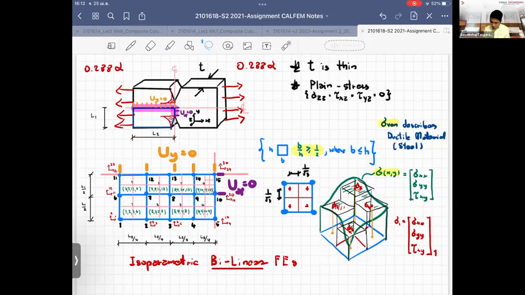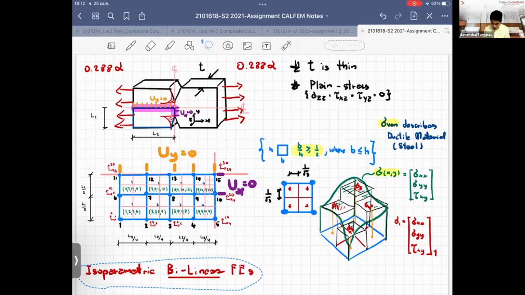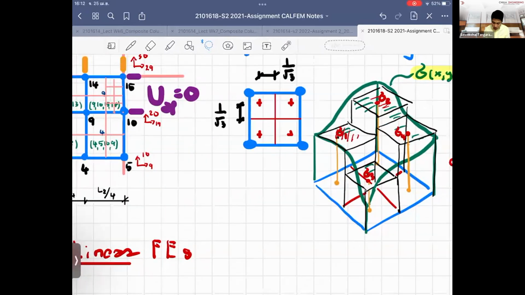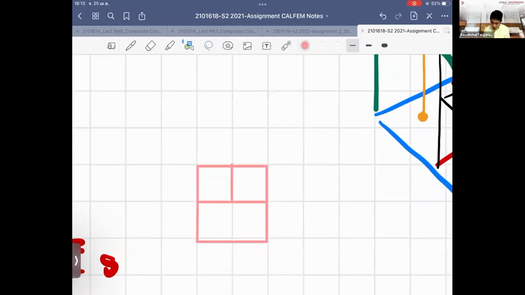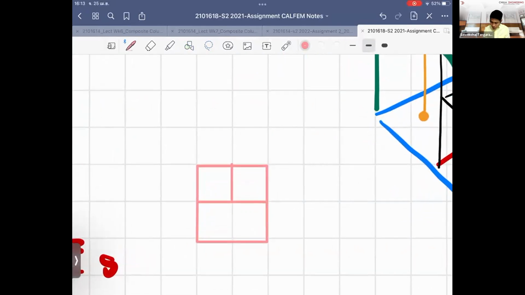So how does the hanging node work? If I take this out and show you, this is an element that we discretize, and we have the nodes. This is for the 4 node, and this is the 5 node.